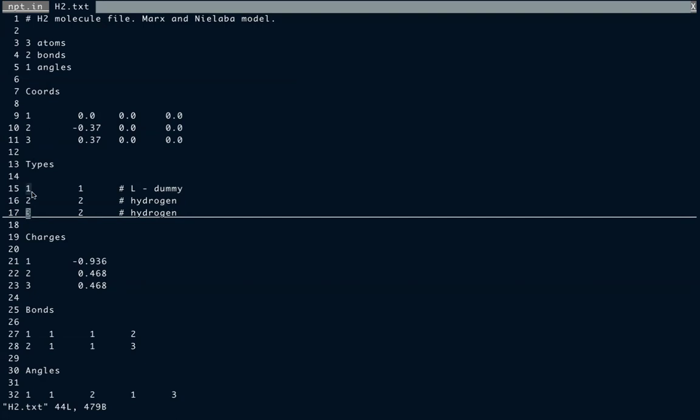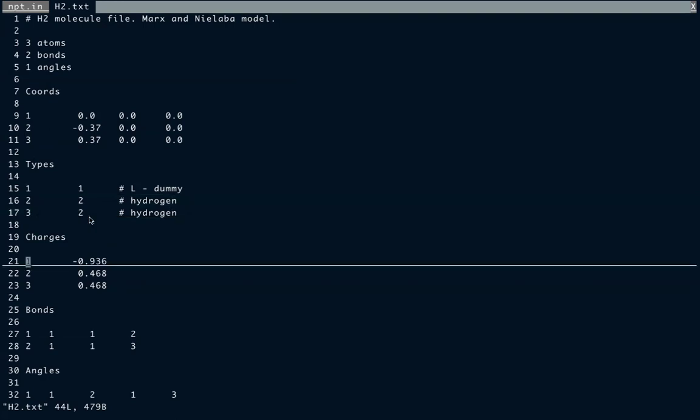And that's the type here that we said. That's one type. And then you have the two hydrogen atoms. Note that the dummy atom has a partial charge of minus 0.936 electrons, and the other two have 0.468.